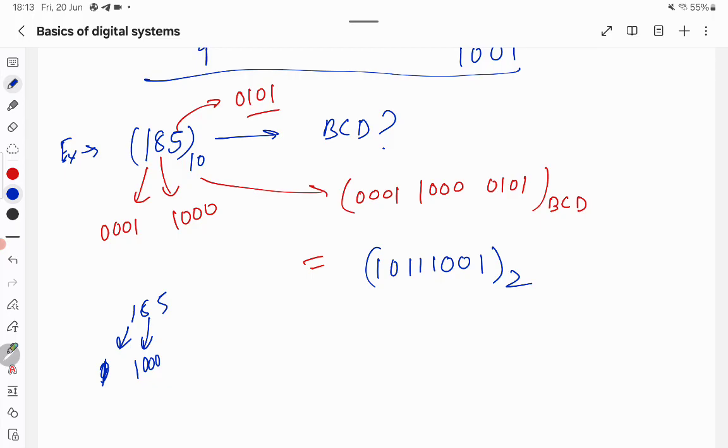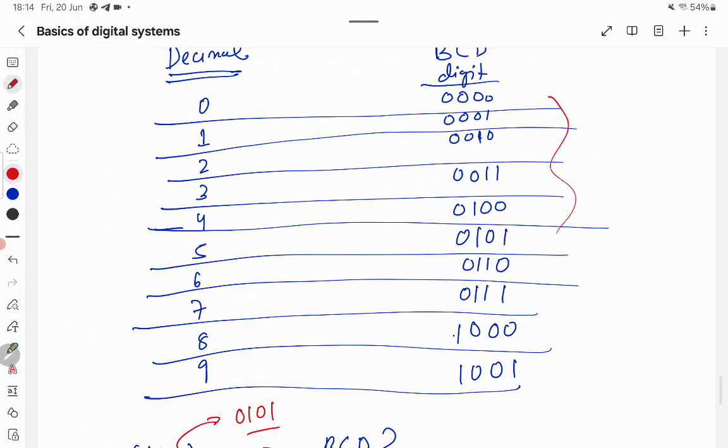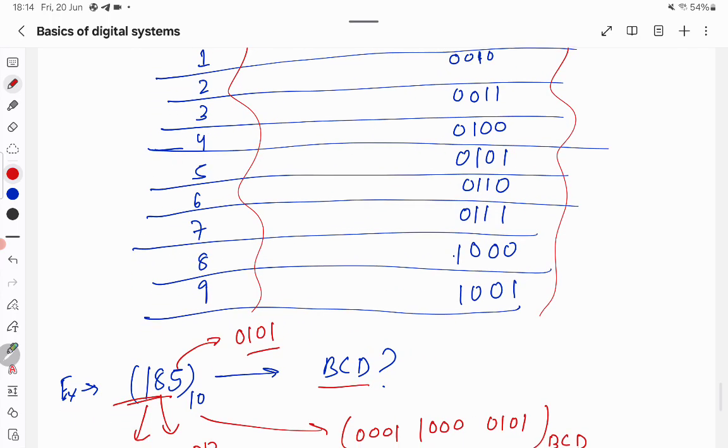So you write this binary representation from the table and convert it. Basically this is how you convert from decimal to BCD, and this is the BCD representation. These are the basic things you must know about all this.